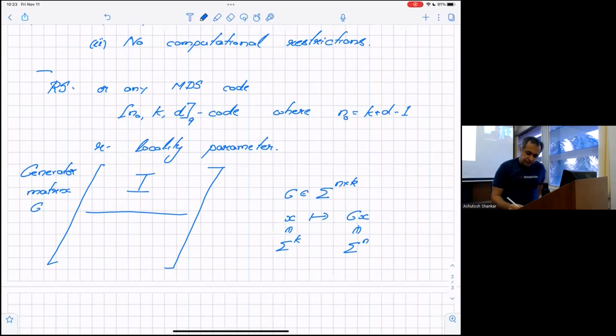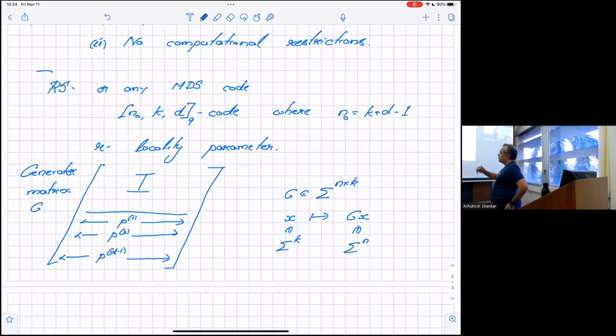And then you have P1, a linear combination of the message bits. Then you have P2, another linear combination of the message bits. That's the next one. How many more of them? You have up to Pn. This will exactly be D minus 1, because N naught is K plus D minus 1.